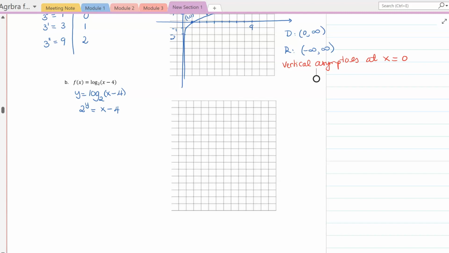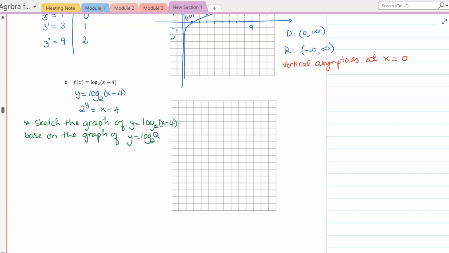Or what I'll do is sketch this graph based on the transformation of the log base 2 of x. Here what I actually would do is sketch the graph of y equal log base 2 of x minus 4 based on the graph of y equal log base 2 of x.